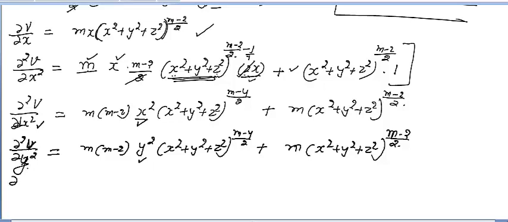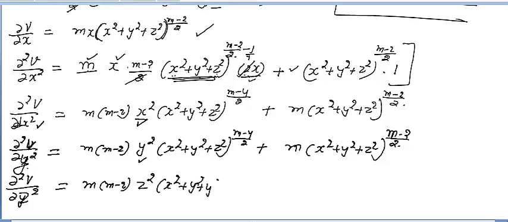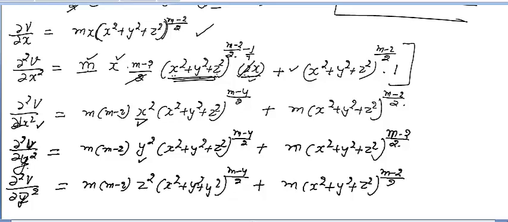And in the same way you can write the derivative with respect to z, like m minus 2 z square (x square plus y square plus z square) raised to m minus 4 by 2, plus m (x square plus y square plus z square) raised to m minus 2 by 2.